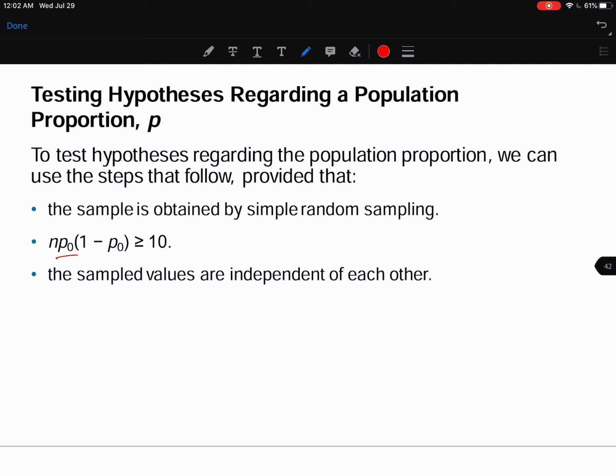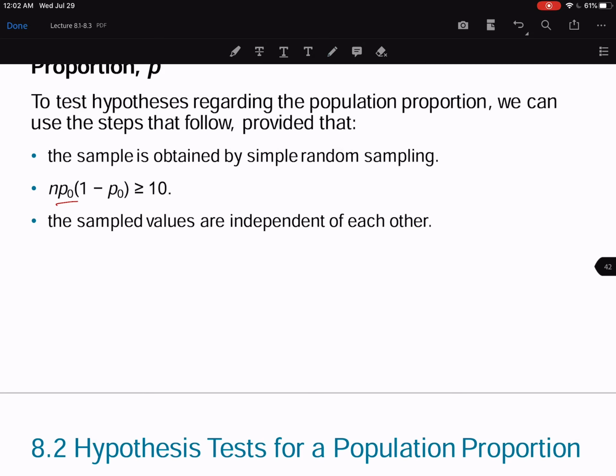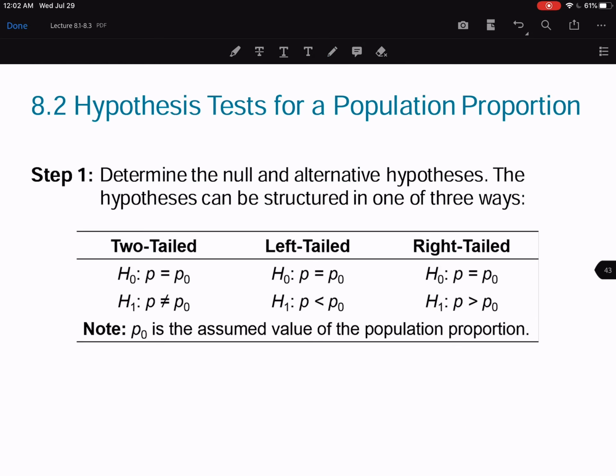Once this is clear, let's take a look at how to conduct the hypothesis test for a population proportion. First of all, you want to determine the null and alternative hypotheses. To do that, you want to see what kind of test we're doing here. Is it a two-tailed test, left-tailed test, or right-tailed test? Of course, p sub 0 is the assumed value of the population proportion, same as what we mentioned in lecture video 8.1.